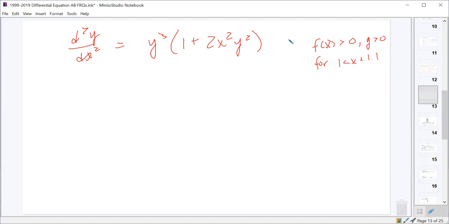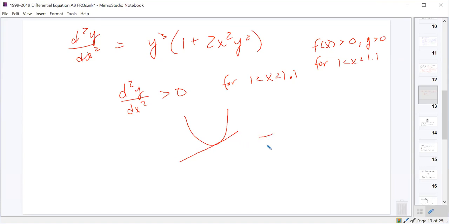And so x is positive and y is positive. So if both x and y are positive, this second derivative is greater than 0 for x between 1 and 1.1. If its second derivative is positive, it's concave up. And if it's concave up, the tangent line will be less than the actual value. Good or no? Any questions on that?